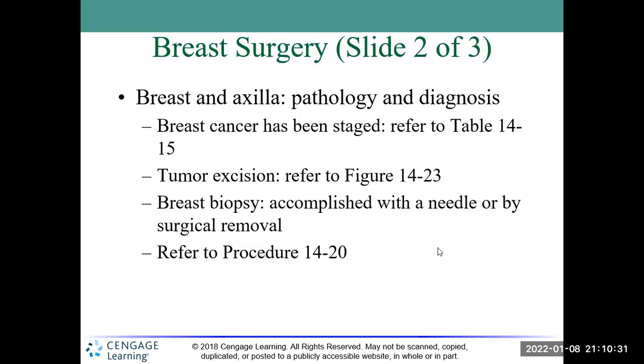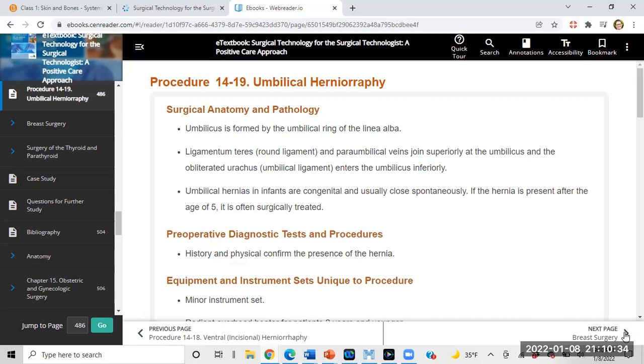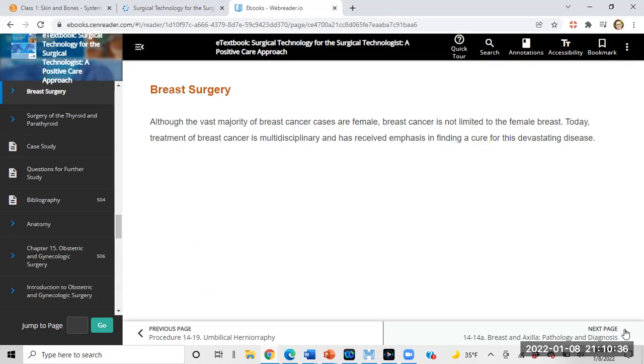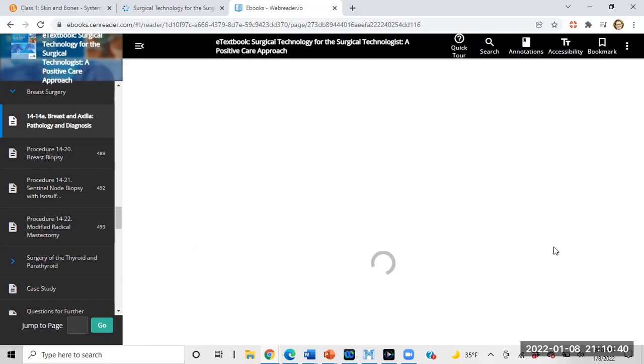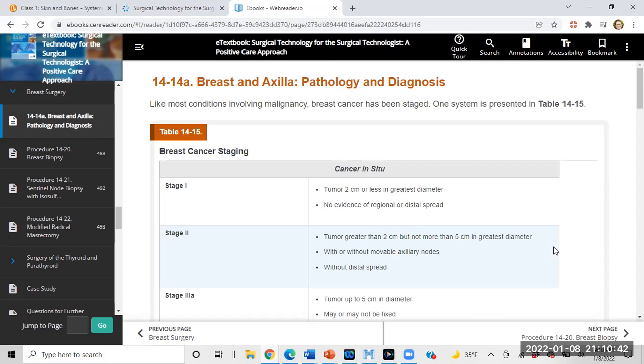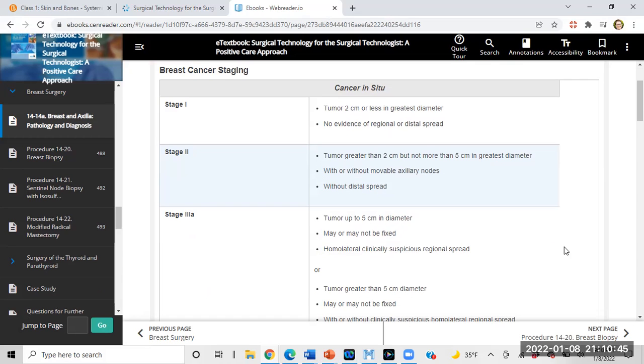Breast cancer has been staged. So we have different stages. Let's look at that. Stage 1 is where the cancer is 2 centimeters or less in size at the area of the greatest diameter, and we don't see any evidence of regional or distal spread.